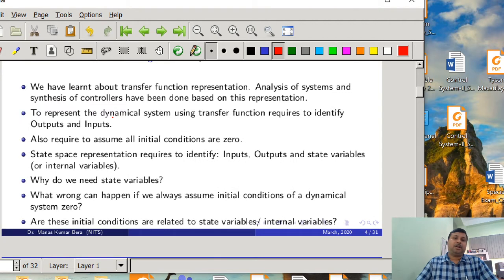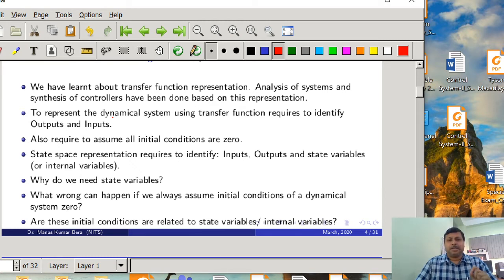Now, why do we need state variables? Previously we knew the inputs and outputs and built the transfer function. Then why must the extra variables, that is, state variables or internal variables of the system, be identified? Why is it required? Another obvious question comes to mind: what wrong can happen if we always assume the initial conditions of a dynamical system are 0?